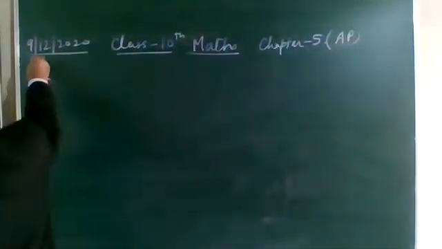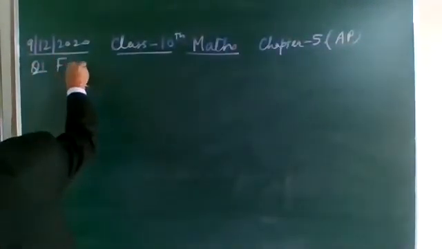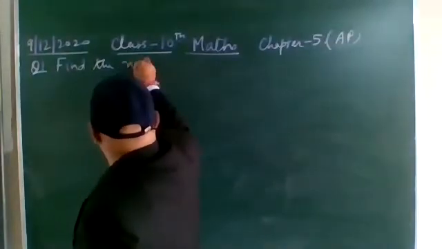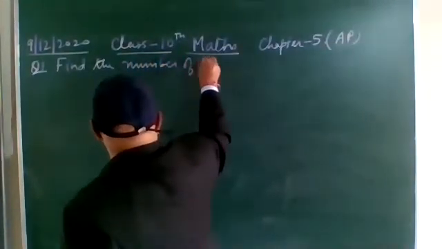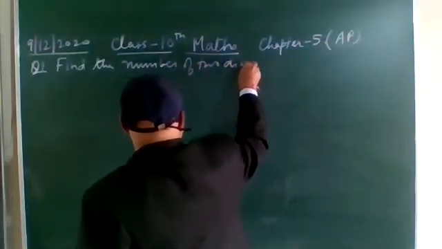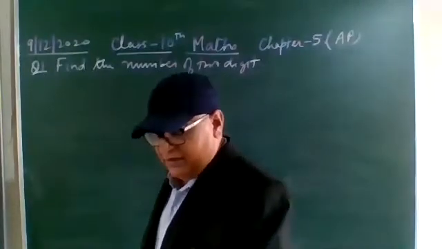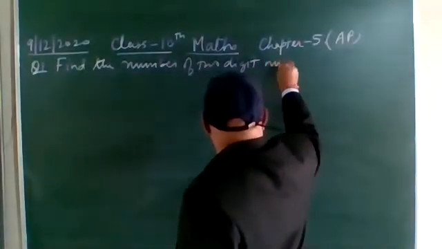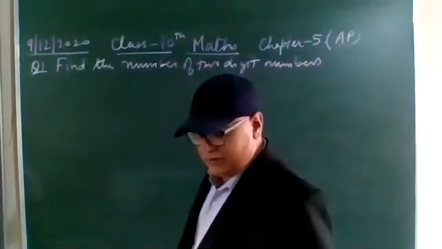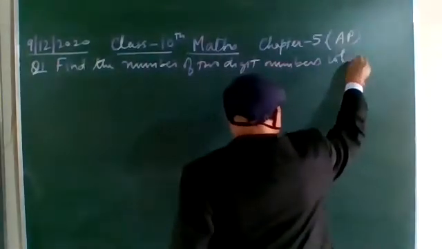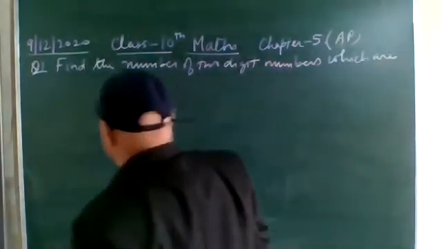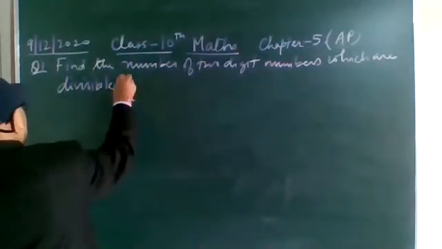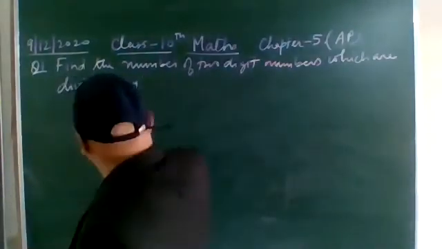Find the numbers. If I take question number one, find the number of two-digit numbers which are divisible by 6.